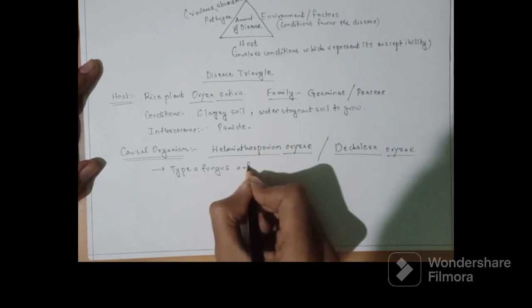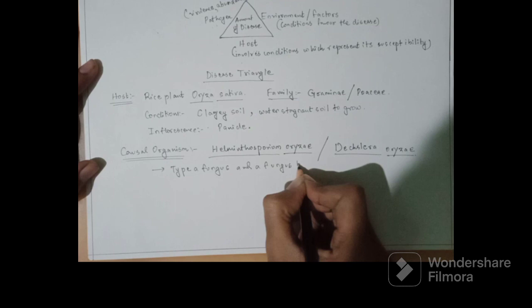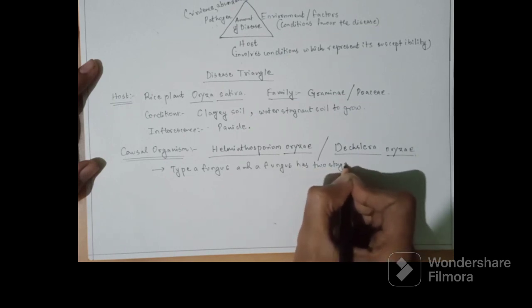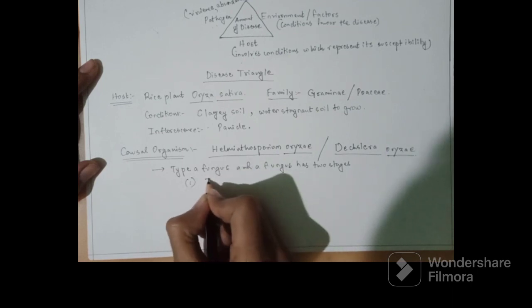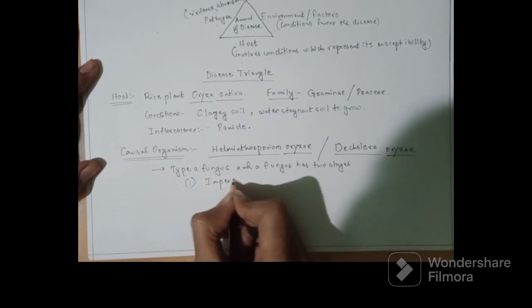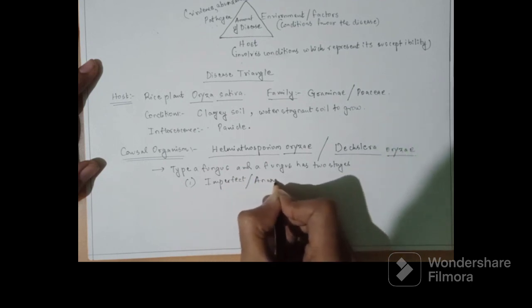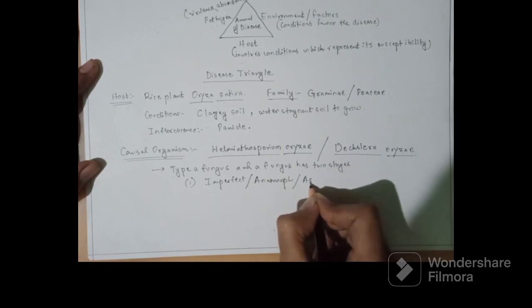As a fungus, it has two stages: imperfect, or an anamorph, and perfect, or a sexual stage.